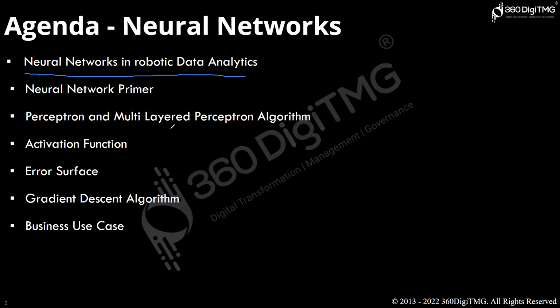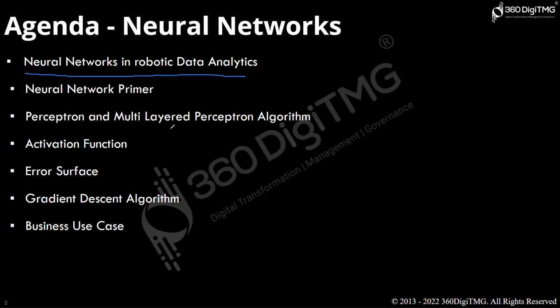So what are the neural network primer basics? The fundamental unit of a neural network is the neuron, as I said. Like a biological neuron, an artificial neuron is a computational unit that can receive some input, process it, and propagate it. We are going to illustrate what all the neural networks we have.